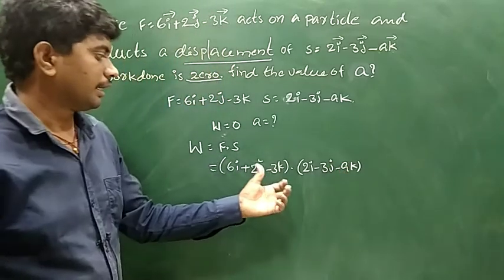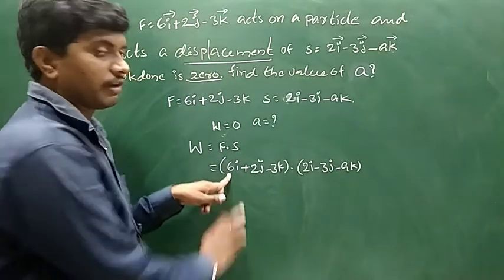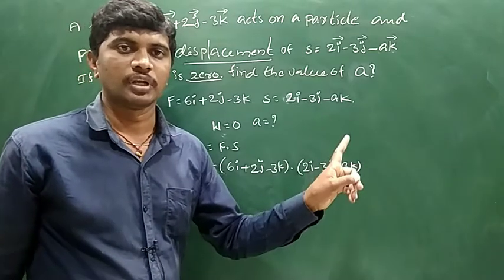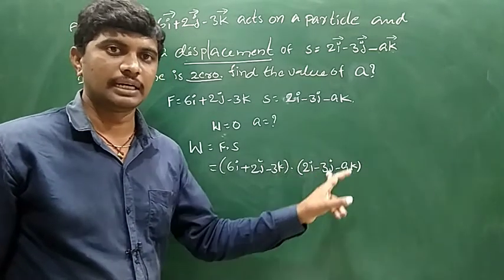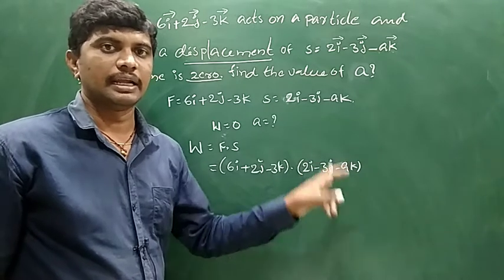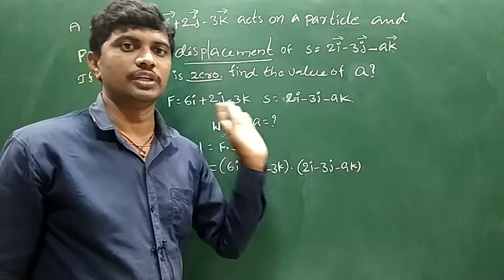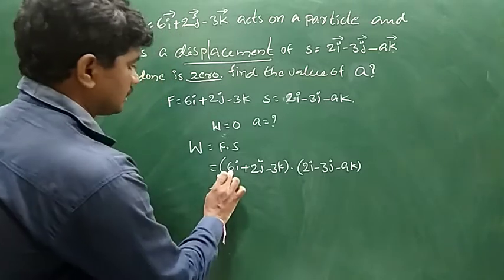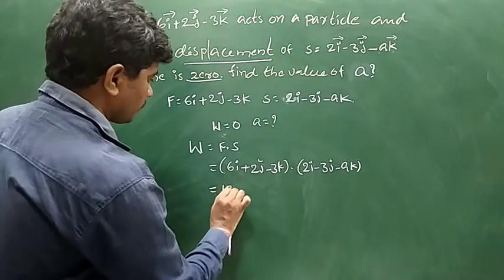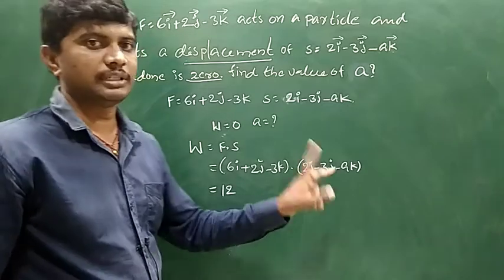Now the dot product. The unit vectors i dot i, j dot j, k dot k are equal to 1. The remaining combinations, i dot j, i dot k, j dot i, j dot k, k dot i, k dot j, are equal to 0. So 6 into 2 is 12, i dot i means 1.